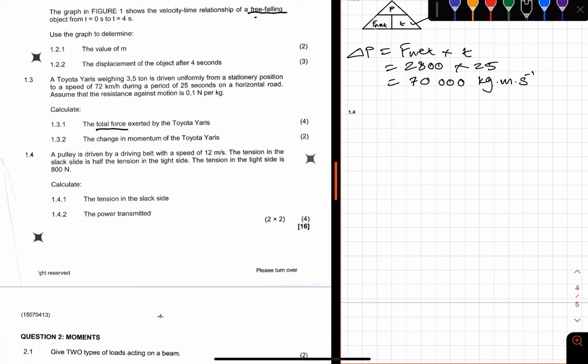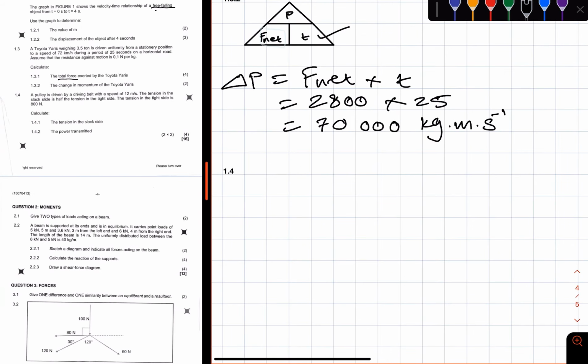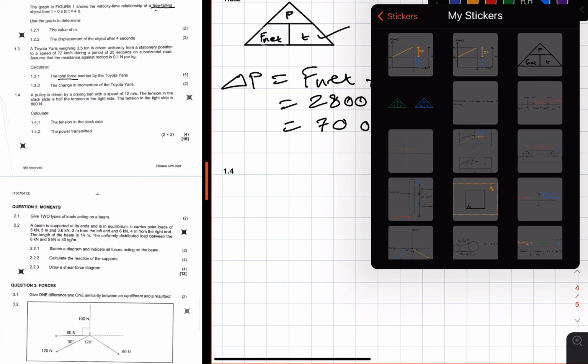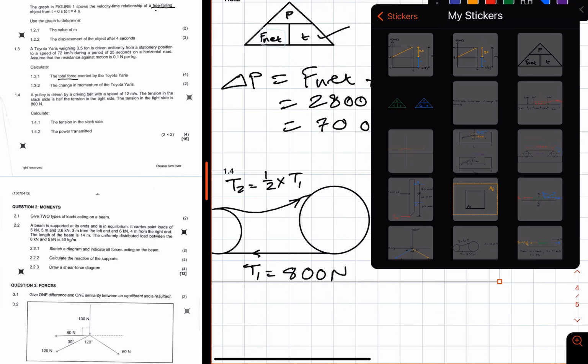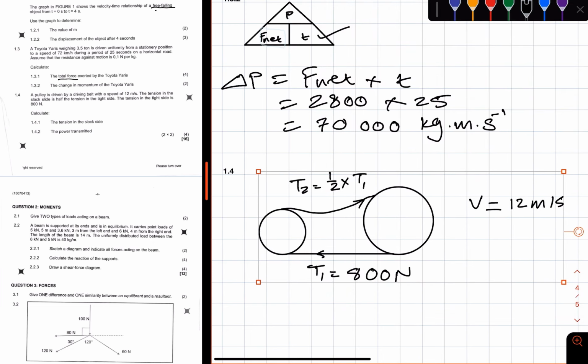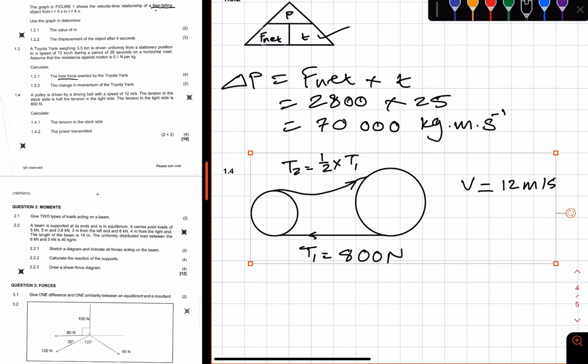Now let's see what we have here. This is what we have. You have two pulleys, the one driving the other.